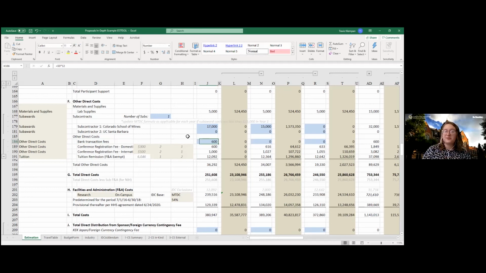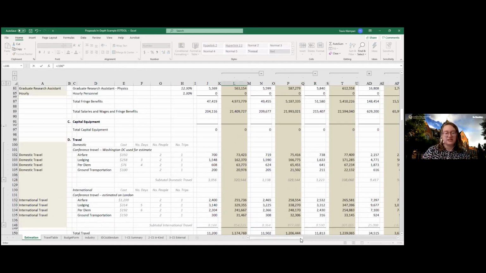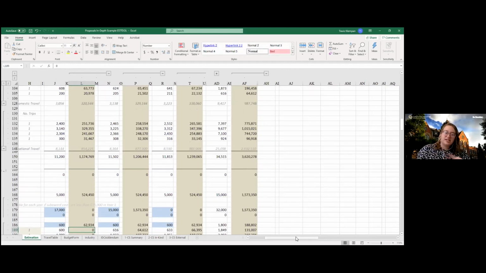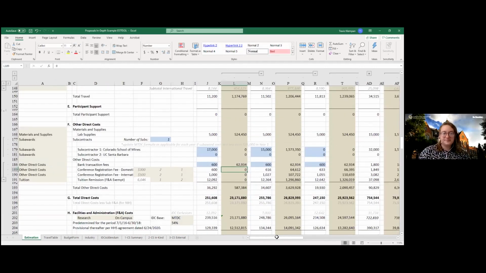This is a standard amount, so you don't have to inflate it in out years. If you wanted to, out of an abundance of caution, you could. I do not personally in my budgets. But if you're someone who inflates travel and inflates materials and supplies, you want to do it for consistency, perfectly acceptable, understandable. So we're finishing out converting those.